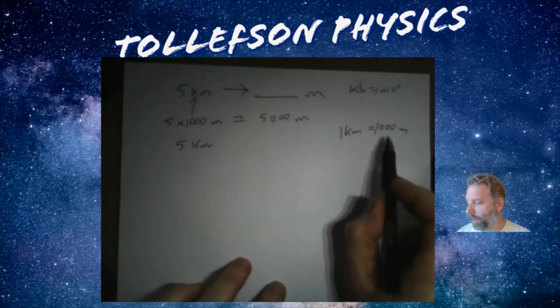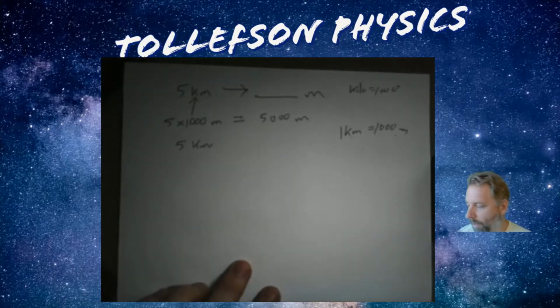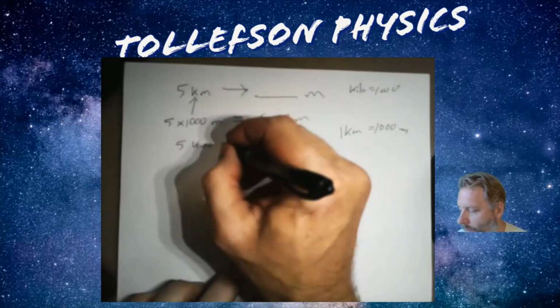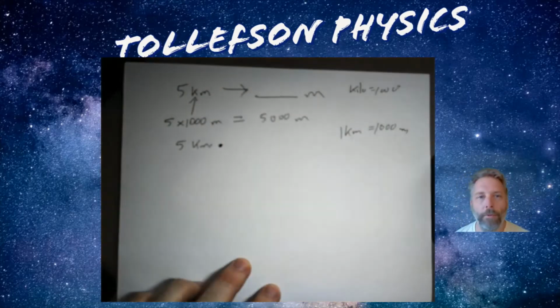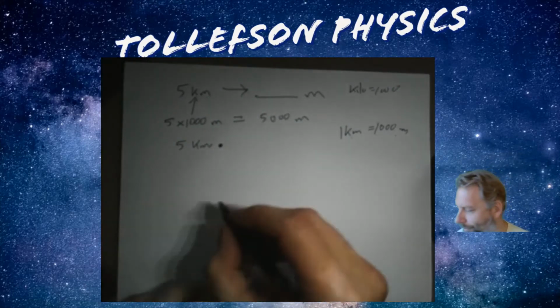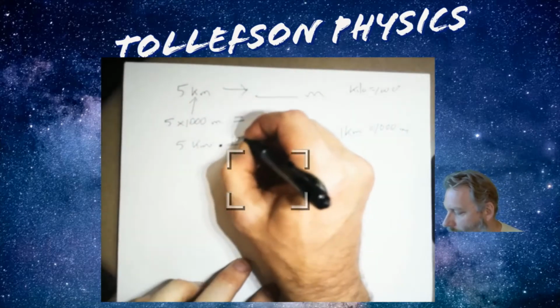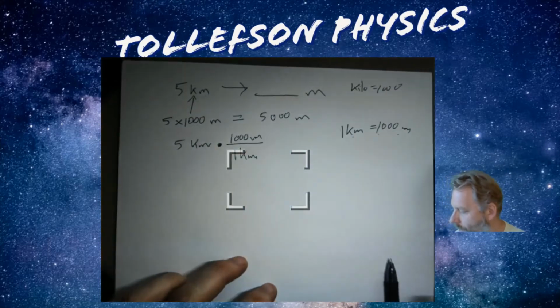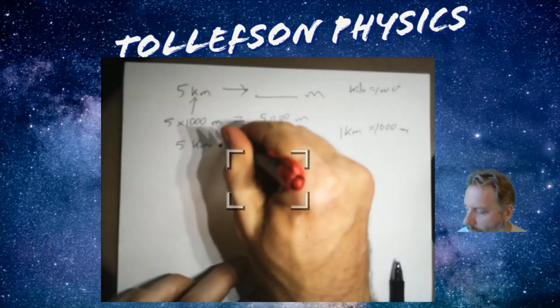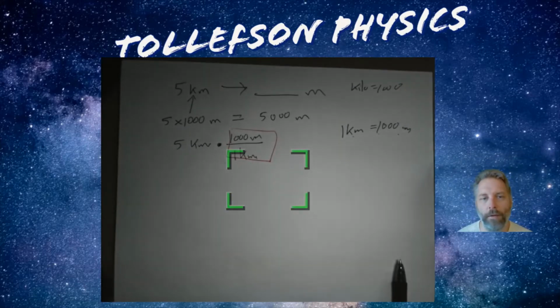So I put in that number in place of K. So another way that you might have seen this is now I can do multiplication by fractions. I have to fix this autofocus, but 1 kilometer is equal to 1,000 meters. So this really means the number 1. 1,000 meters is the same as 1 kilometer.